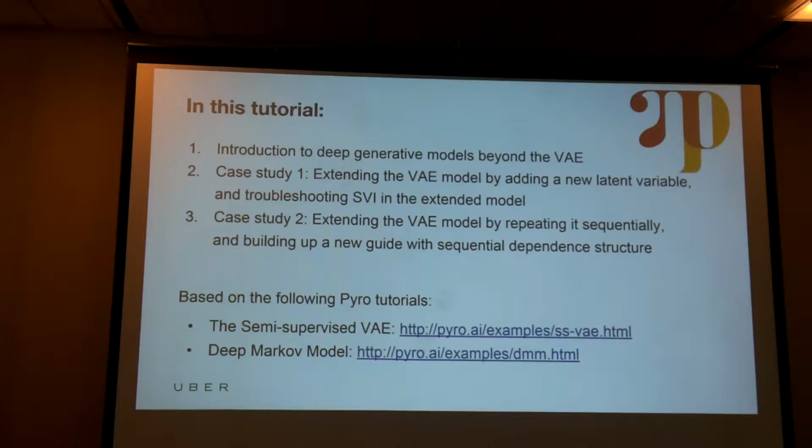In the second case study, we'll look at a different extension of the VAE model by tiling it sequentially and building up a new guide and inference procedure with a sequential dependent structure that corresponds to the model for sequential data that we built. These 2 case studies are based on the following 2 Pyro tutorials respectively.